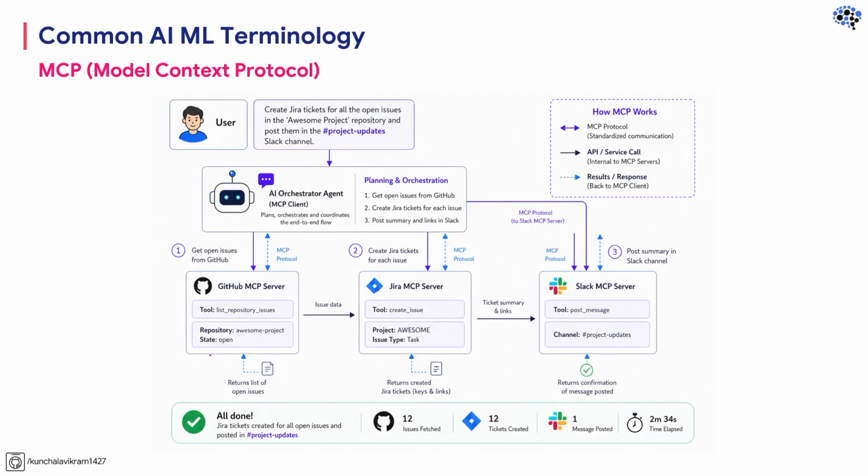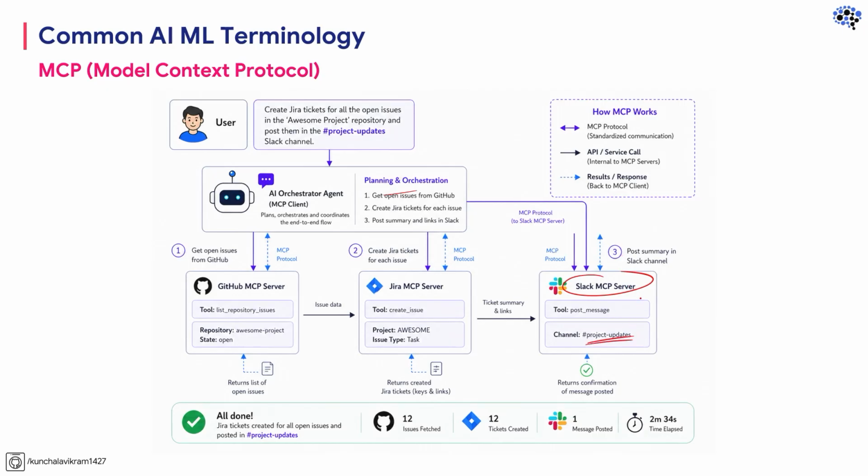The MCP server will actually connect to the backend GitHub to fetch all the issues for this repository and give them back to the AI agent application. Let's not worry about tools and all, we'll come to it later. Once it has all the open issues, it will connect to the Jira MCP server to create all the issues, and then it will connect to the Slack MCP server and post all the Jira tickets and other stuff that it has created in this Slack channel.